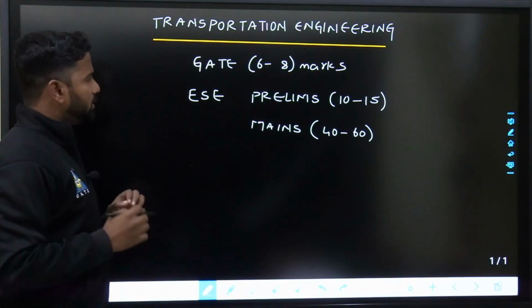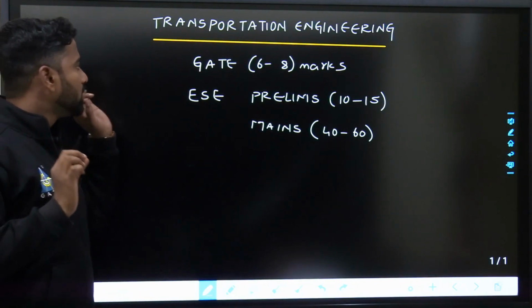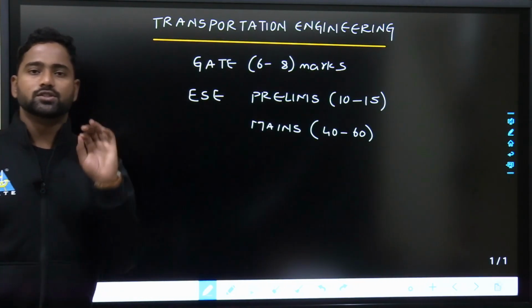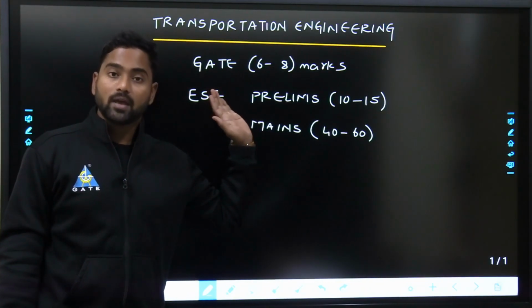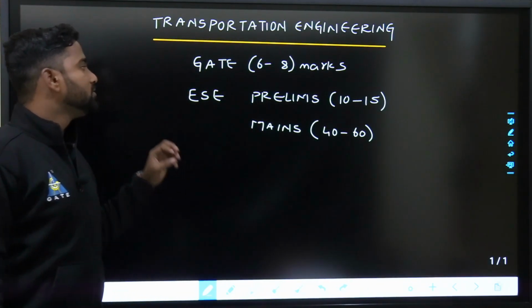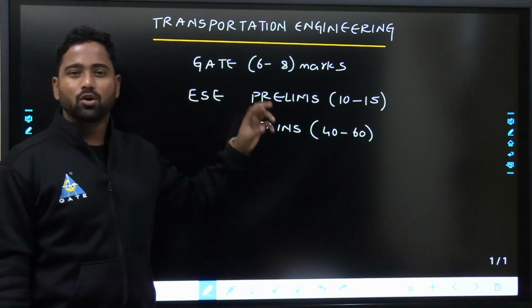Generally, transportation engineering has highway engineering, railways, and airport from the GATE point of view, and from the engineering services point of view you'll also see some ocean and dock engineering.